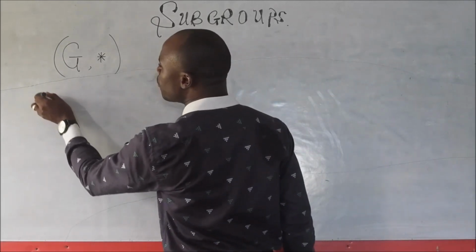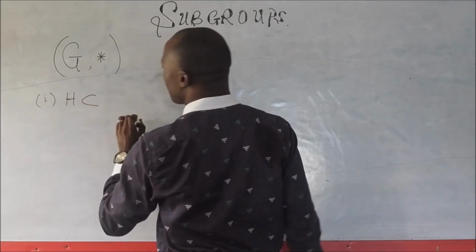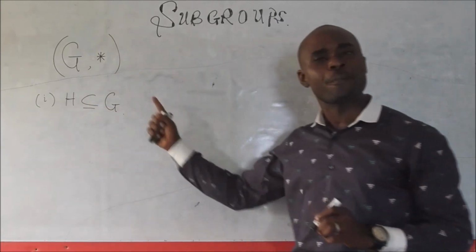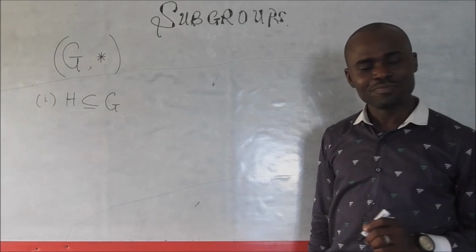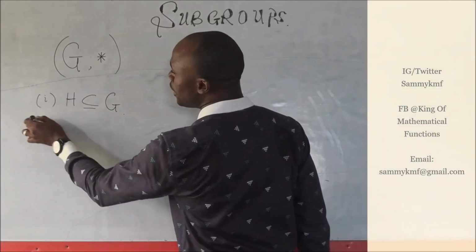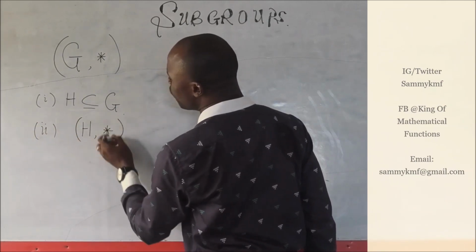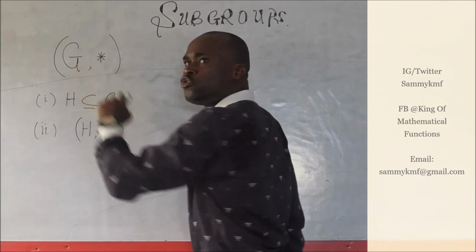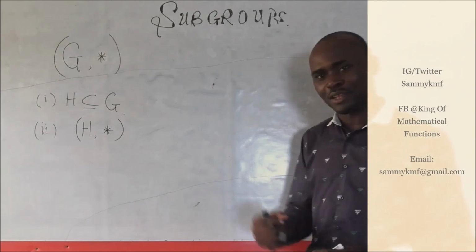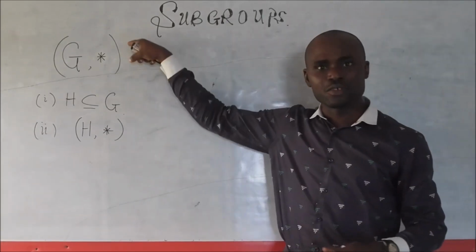One, a subgroup is a subset, proper subset or subset of G. So first, it must be a subset or proper subset of G. But that is not enough condition. The next condition is that the subgroup of itself must be with the binary operation that is attached to the group itself. So whenever you take out a part of it, just as I took out the ball, it must have the same binary operation as the group itself.